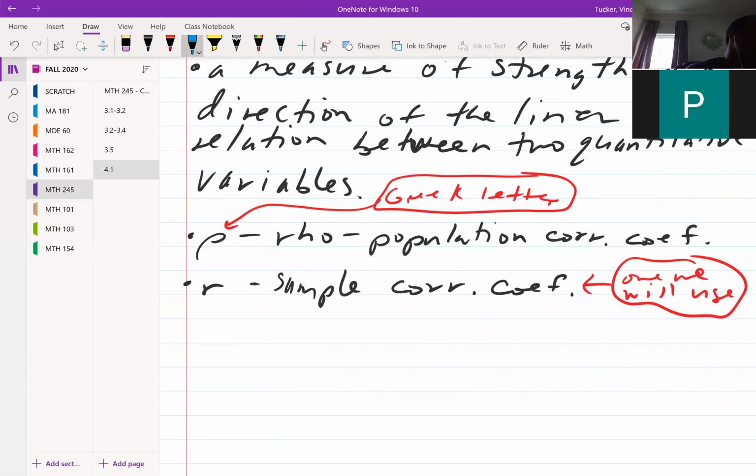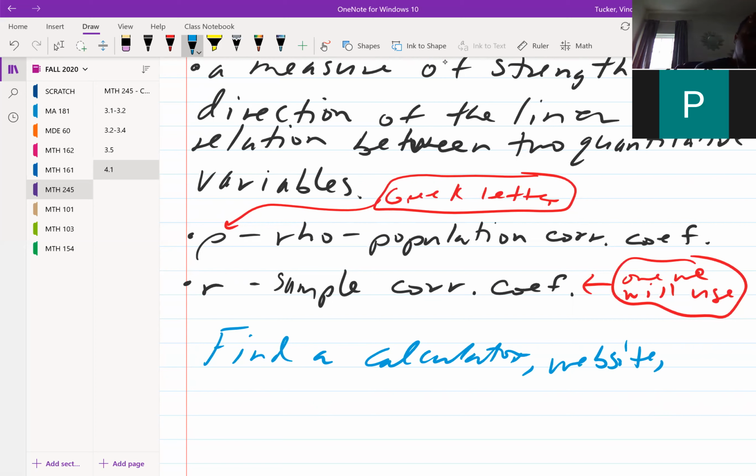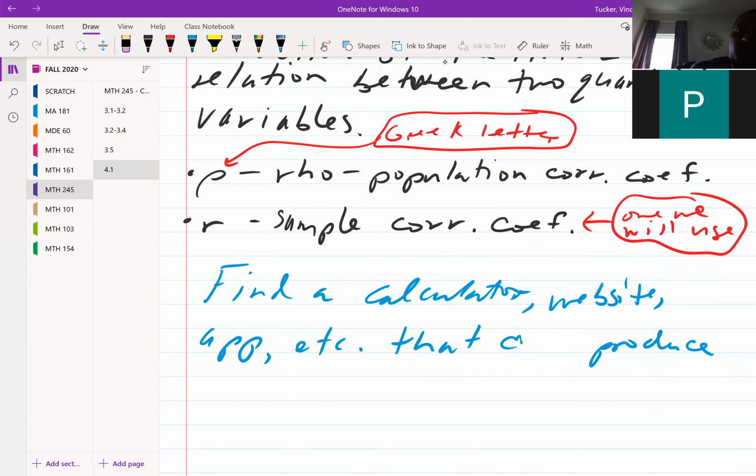So just like I did with the standard deviation and the variance, you need to find a calculator, website, app, or something of that nature that can produce the correlation coefficient.